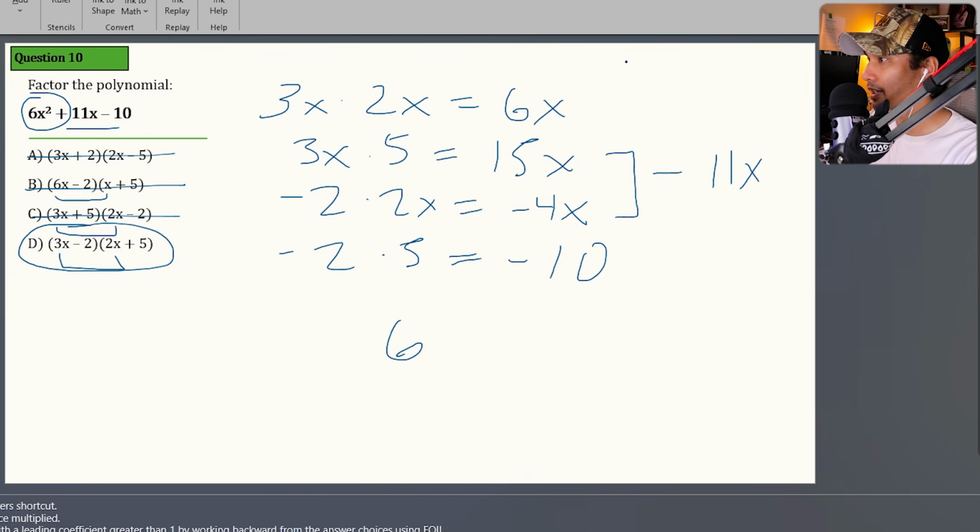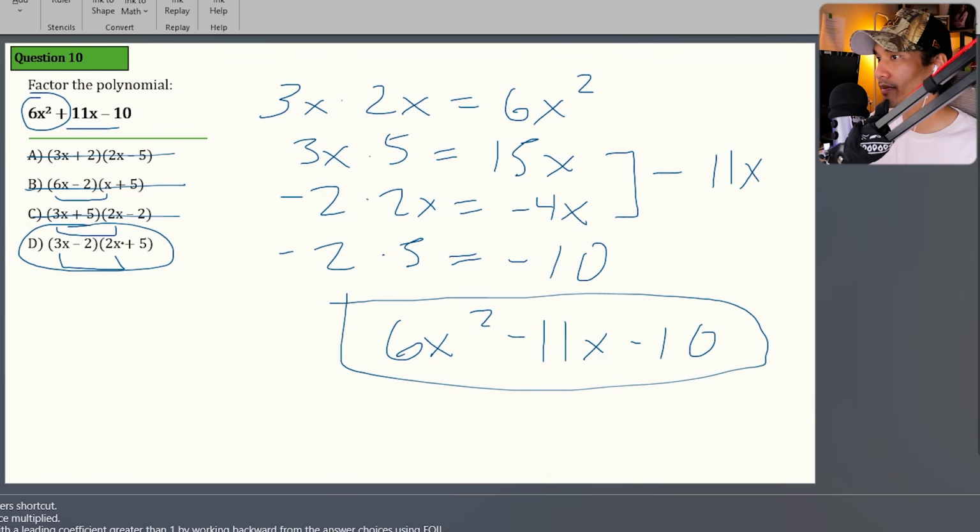Now the final is 6x squared minus 11x minus 10, and that is your answer. 15x minus 4x is positive 11x. And there you go.